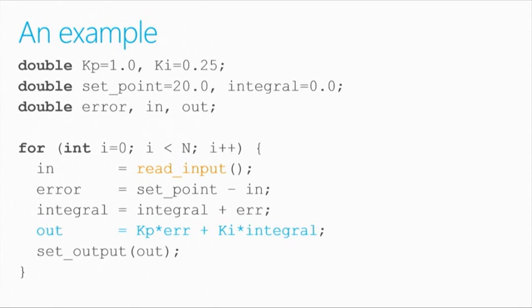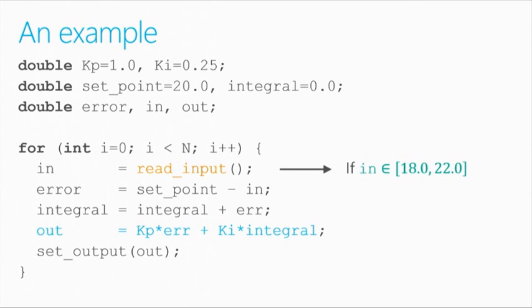Here's an example of a floating point program. This implements a controller that reads some inputs, and it wants to steer the system towards some set point. The set point is set to 20.0 up there.